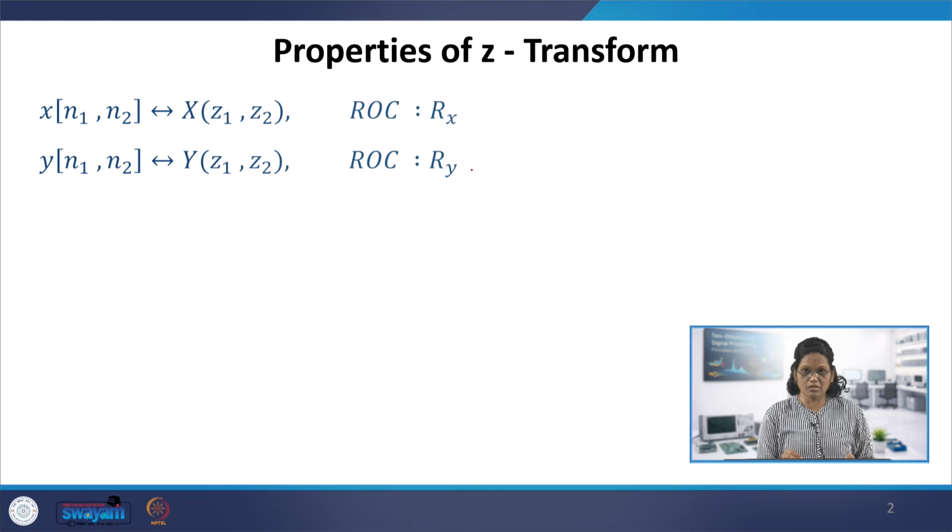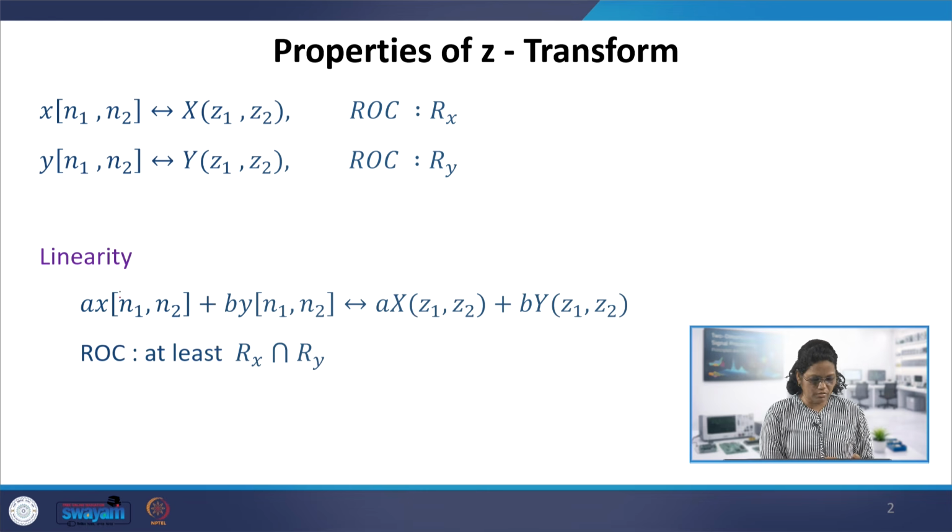The Z transform is linear, so by the property of linearity, which gives superposition and homogeneity together, a of x of n1 comma n2 plus b of y of n1 comma n2 gives the Z transform a X plus b Y, where z1 and z2 are the complex variables here.